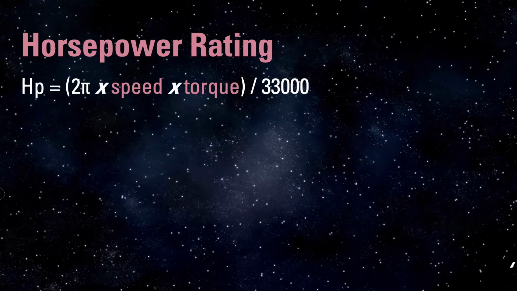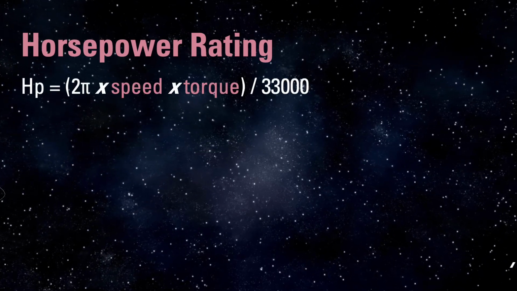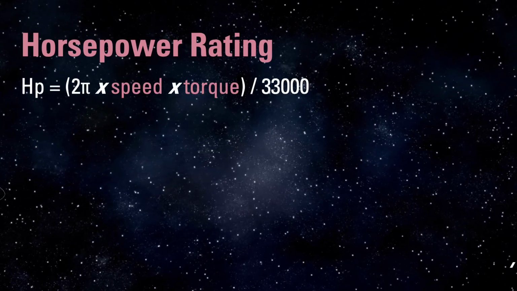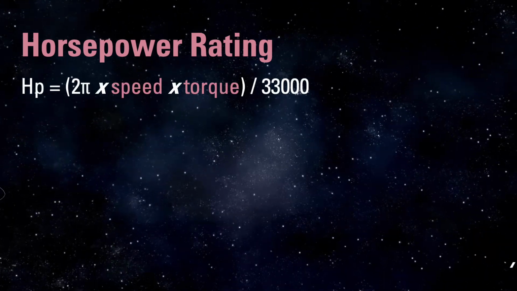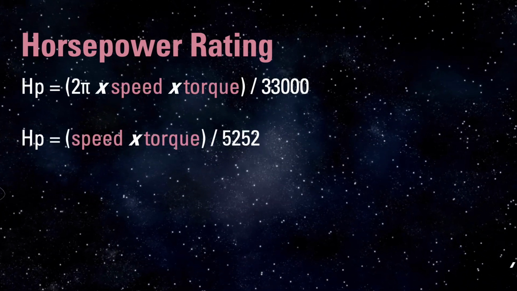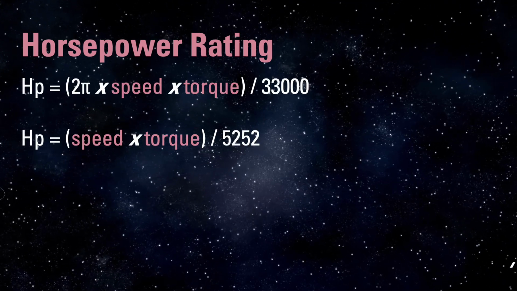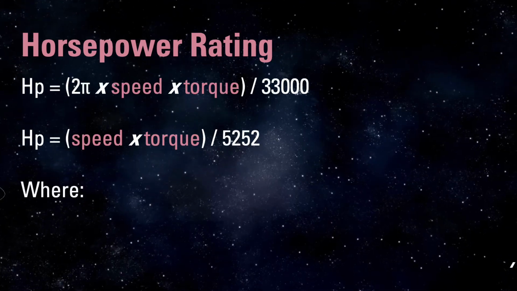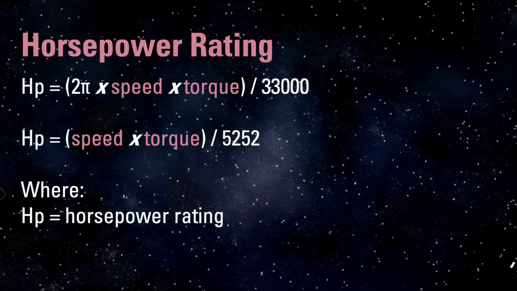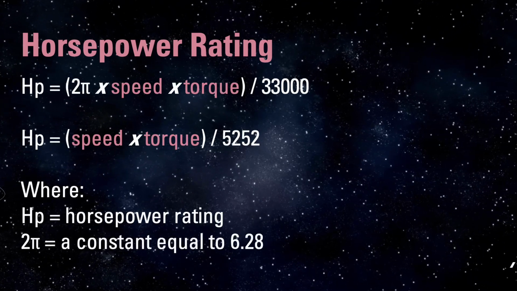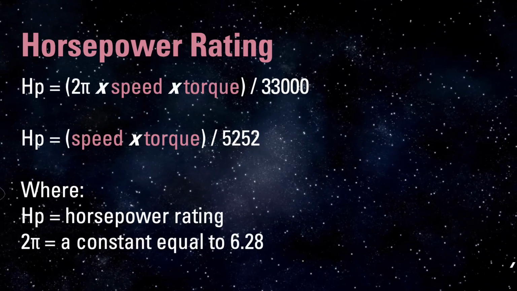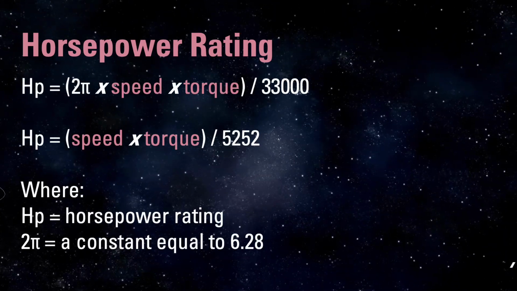HP can also be equal to 2 pi times speed times torque divided by 33,000, where HP is the horsepower rating and 2 pi is a constant equal to 6.28.